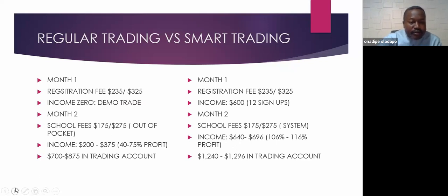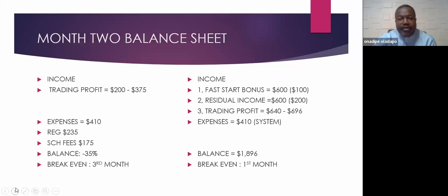So let's go on. I'm breaking it down. The income by the end of the second month, the balance sheet will read this. When you play with figures, you also become like an accountant. So balance sheets for both of them will read as such. For income, this person's trading profit is only 200 to 375. While the smart trader has a fast start bonus of $600.